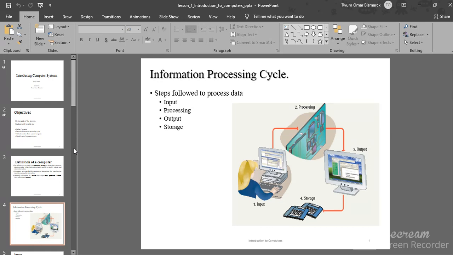The components responsible for information processing, some examples are RAM, motherboard, and the CPU, that is central processing unit. They help to process information.